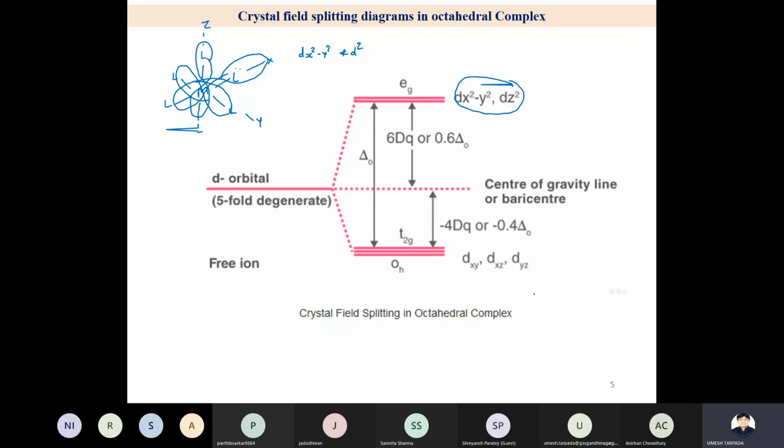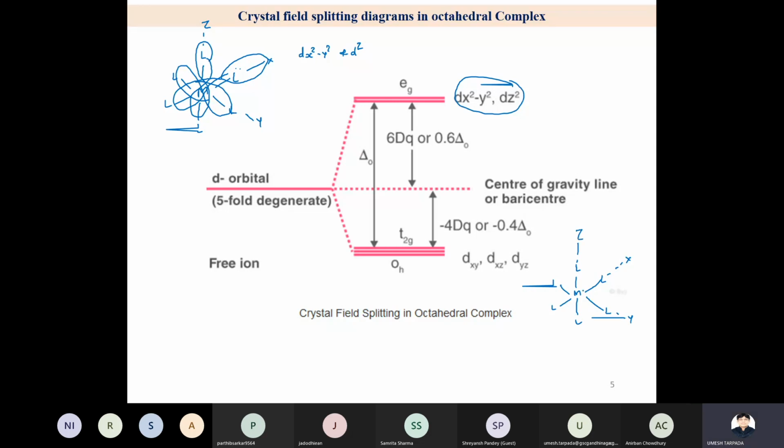Because in the case of dxy, dyz and dxz, the ligands are on the x, y and z axes. This is your x axis, this is the y axis, and this is z.